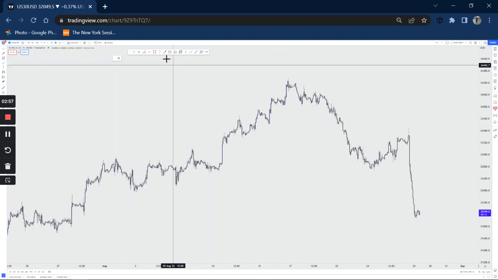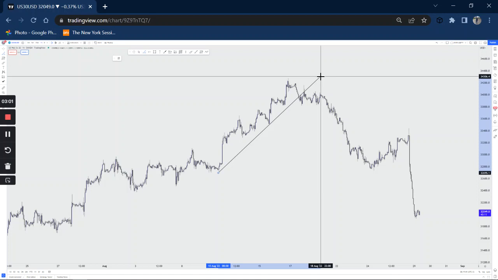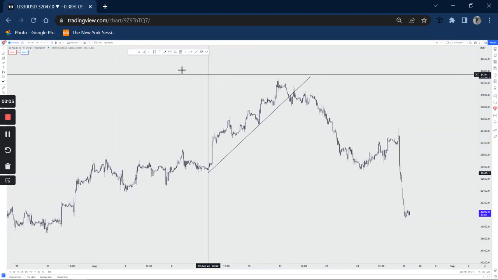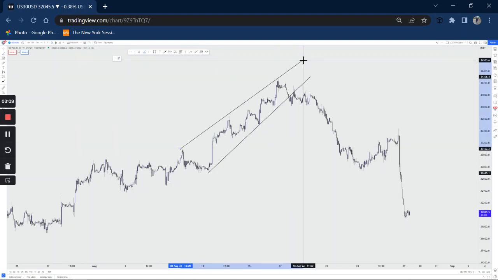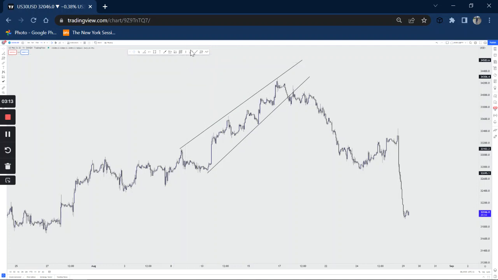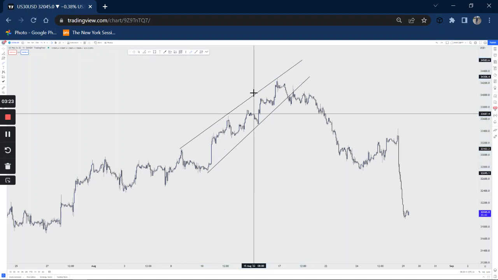But one thing we can look at is this ascending structure, which is sort of a rising wedge. This alone is an indication of a possible reversal, not necessarily 100%, but we might experience a possible reversal of this move.